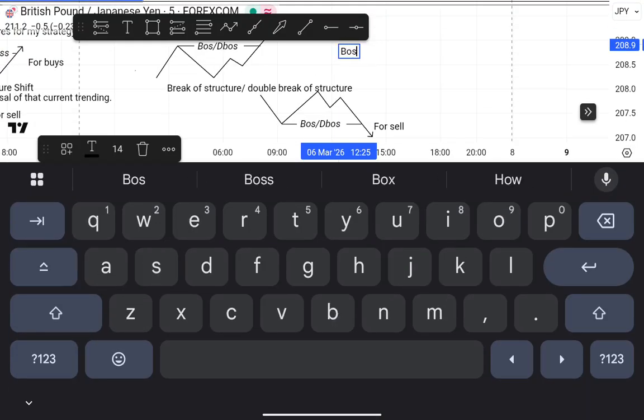Reconstruction indicates a continuation of the trend.